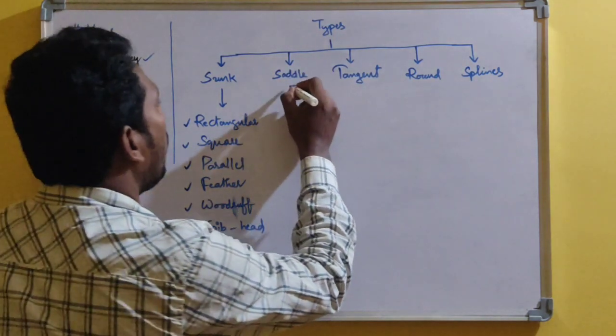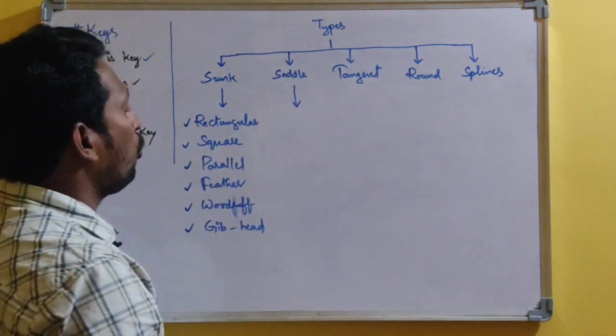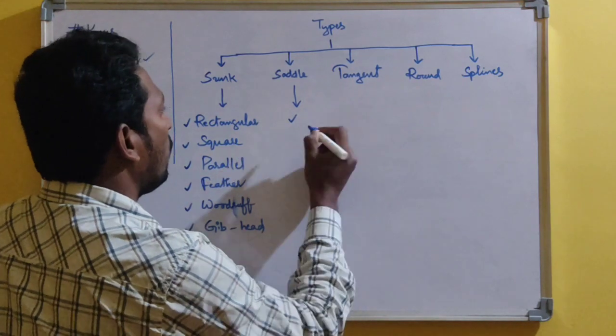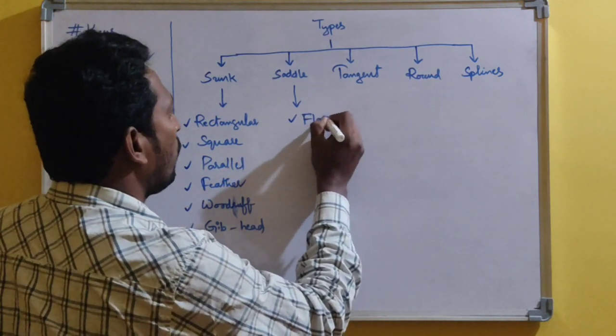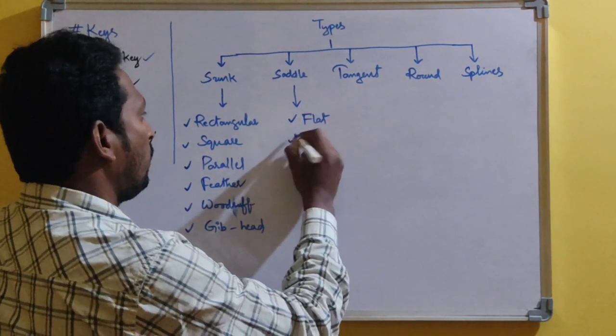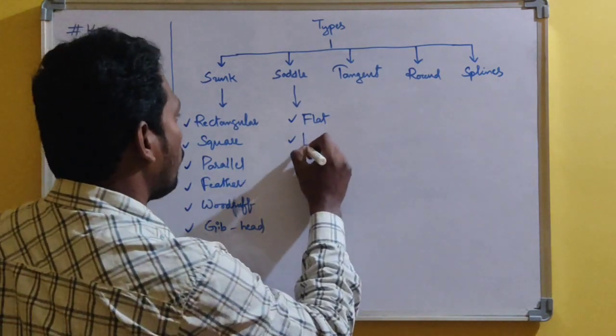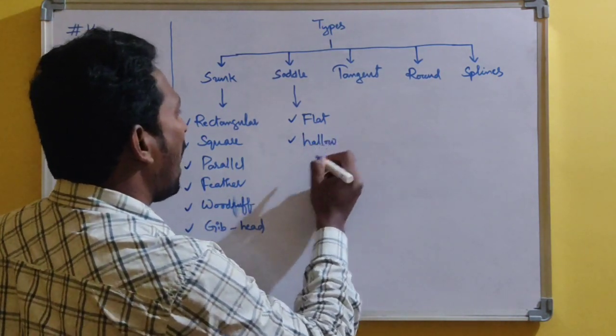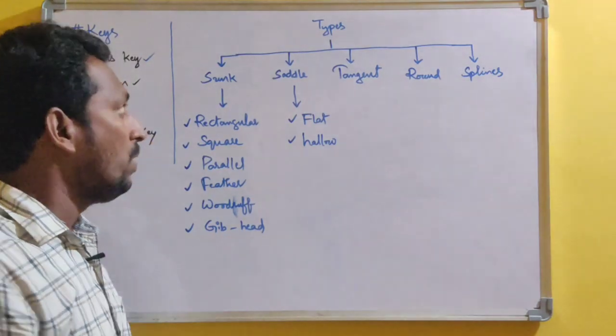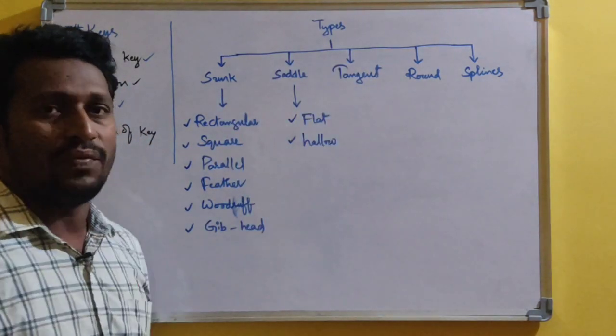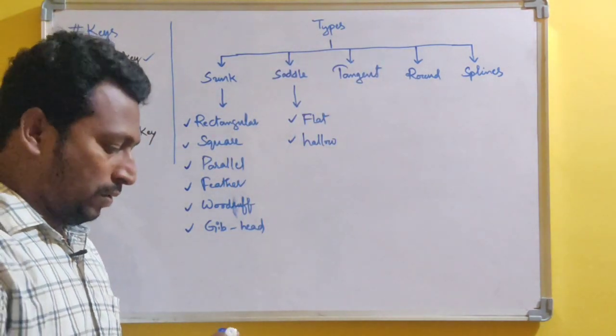In the case of the saddle key, we also have two types of keys. The first one is the flat saddle key, and the second one is the hollow saddle key. So these are the various classifications of keys we have.